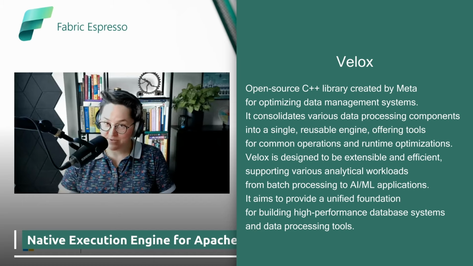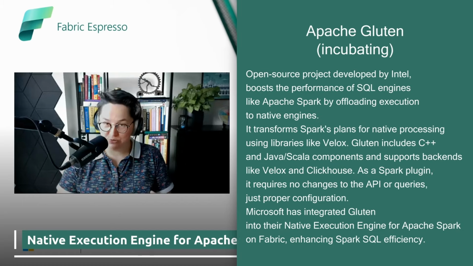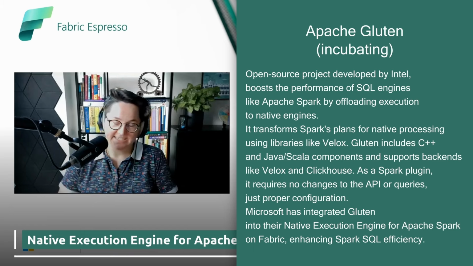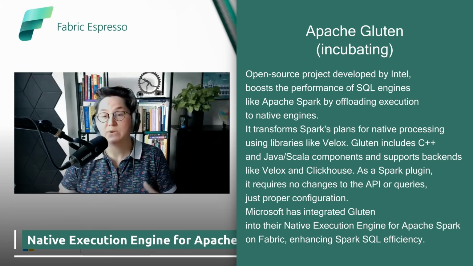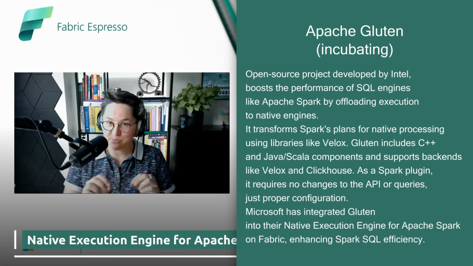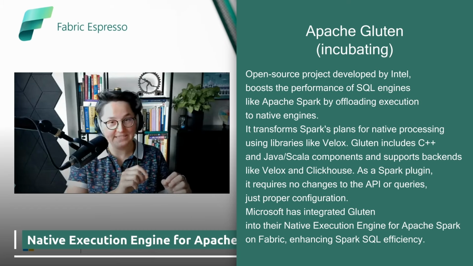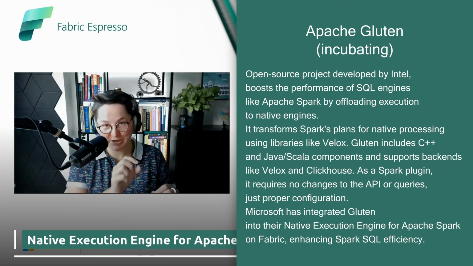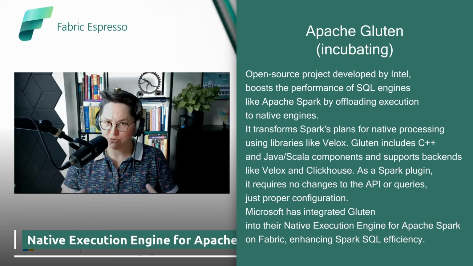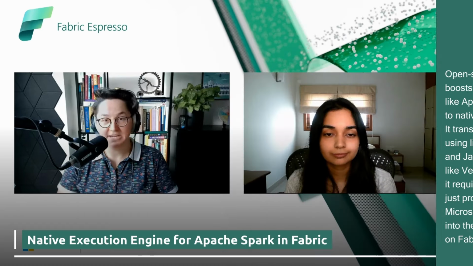The second part of the heart is Apache Gluten, which is in an incubating stage. That effort has been initiated by our second great partner, Intel. And what Apache Gluten is doing, this is a middle layer which is responsible for offloading the JVM-based SQL engine execution to native engines introduced by Intel, so the native engine.